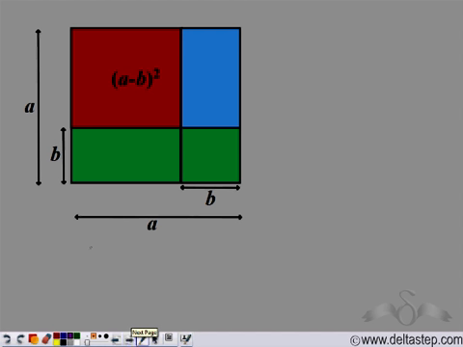So we have A minus B whole square as A square, this entire area, which is A square, minus the area of this part. So what is the area of this part? This length is A and this is B. So this is a rectangle with sides A and B. So this is A square minus AB.